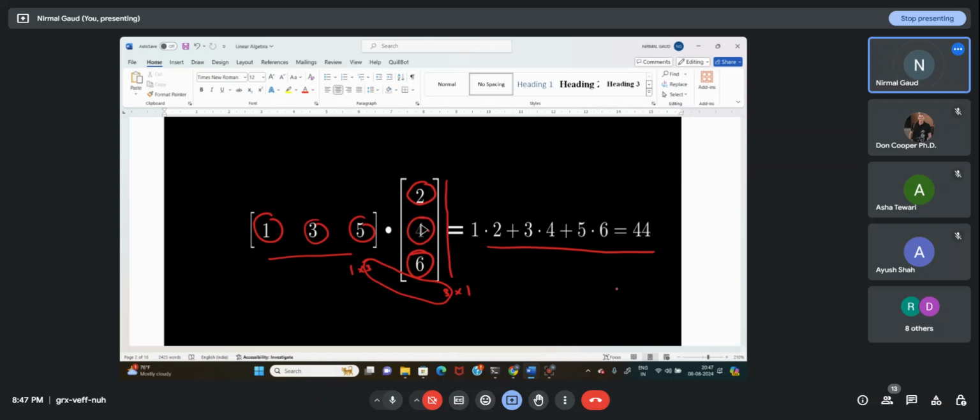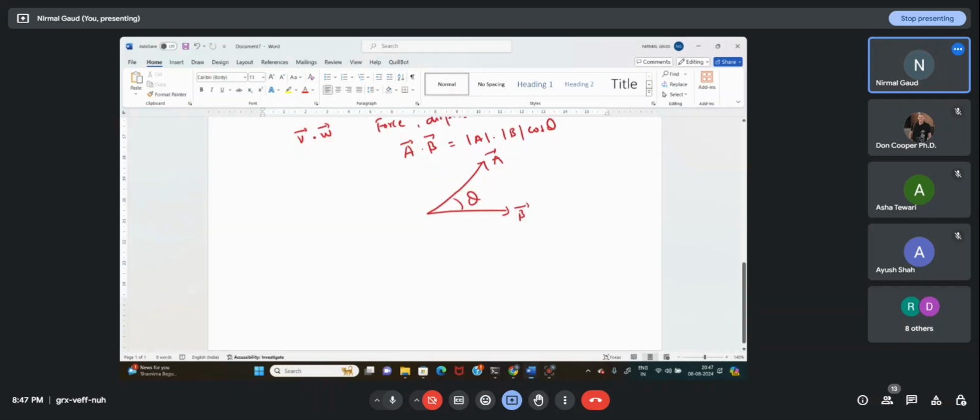All right. And here if I write v vector is equal to 1 i cap plus 2 j cap plus 3 k cap, and w vector is equal to 2 i cap plus 3 j cap plus 4 k cap. So v vector dot w vector is equal to, see here, the dot product between i dot i is equal to 1.